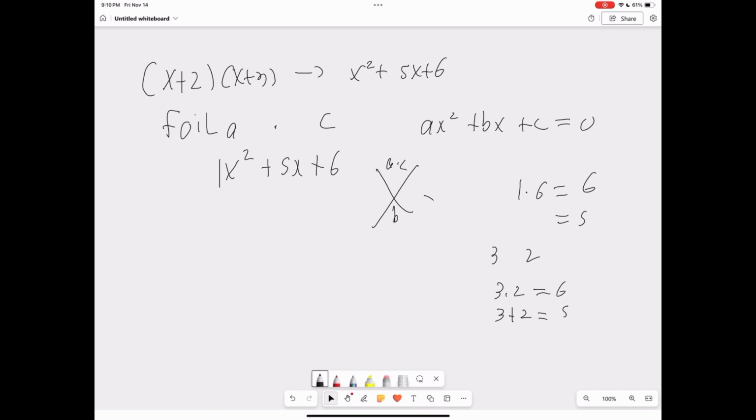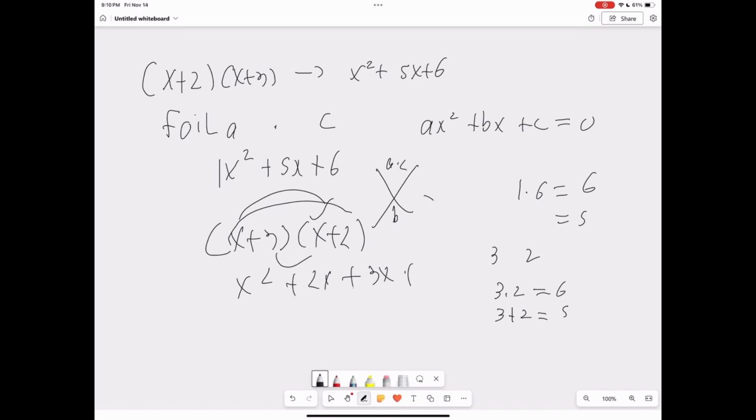Now from here, all we do is we write the factors out like this: x plus 3, x plus 2. And we can always FOIL check our work. We get first, outer, inner, last. That's it. That seems really complicated, but it's really not.